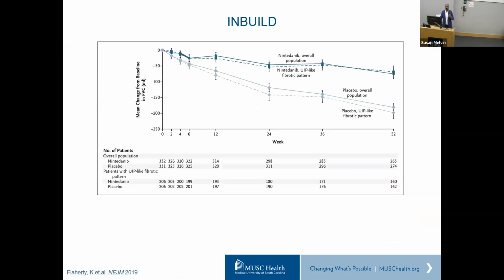This is the INBUILD study that I was referring to, and these were all comers with a specific cutoff for progressive pulmonary fibrosis that was defined using clinical, radiographical, and PFT domains. So there are multiple ways in which you ascertain somebody has progressive pulmonary fibrosis.